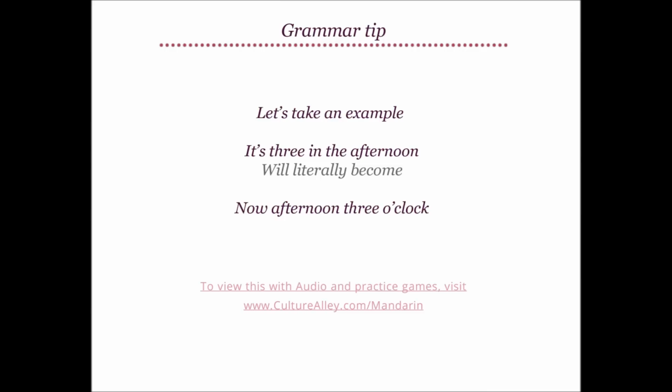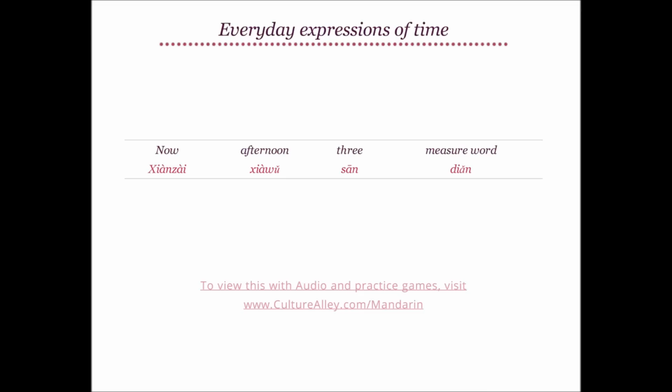It's 3 in the afternoon will literally become now, afternoon, 3 o'clock. Now let's see how we can break up it's 3 in the afternoon. Now will become 现在, while afternoon becomes 下午. 3 translates as 三.